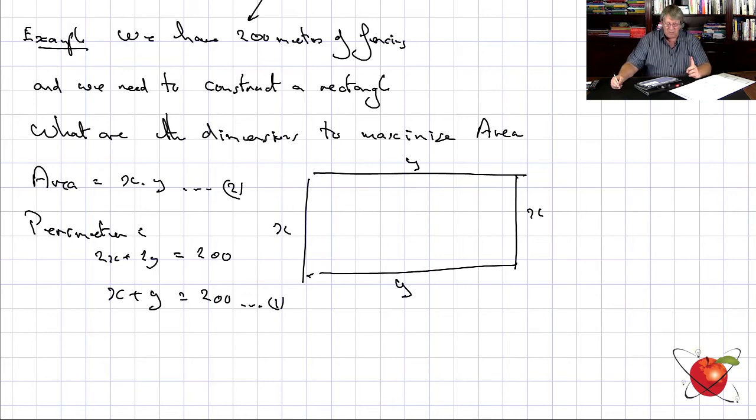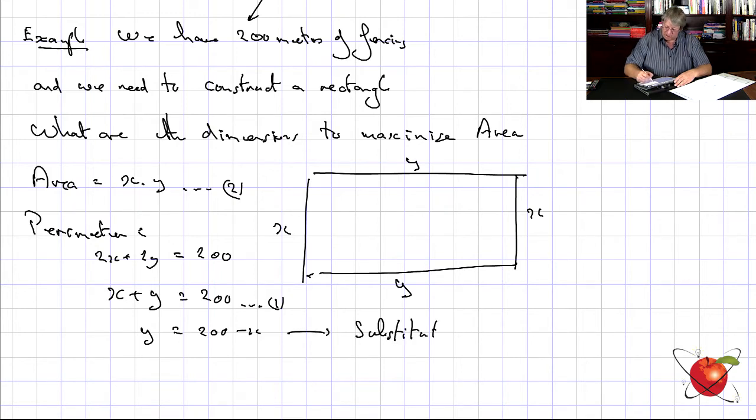How do we do it? We take the simplest one and we rewrite that in terms of just one variable. So I said Y is equal to 100 minus X. Then I substitute, because remember what I said in the section on simultaneous equations, the bulk of these are substitution type problems.